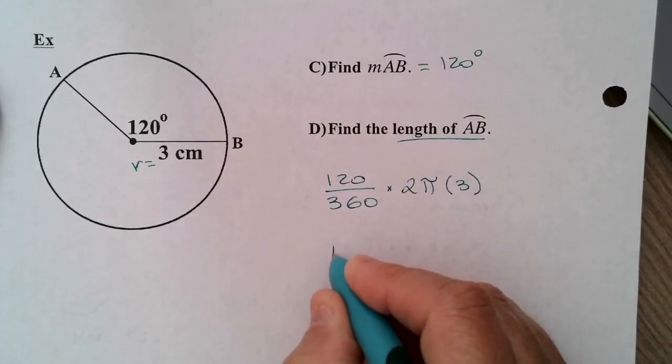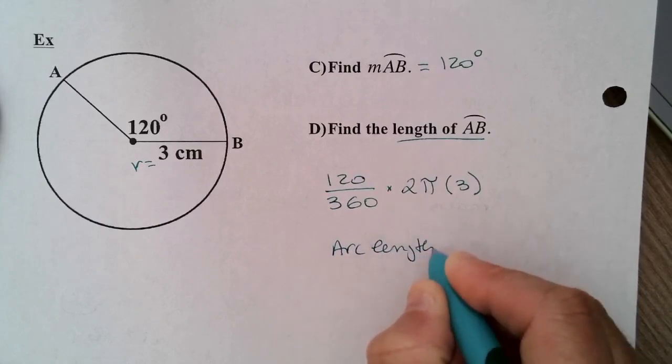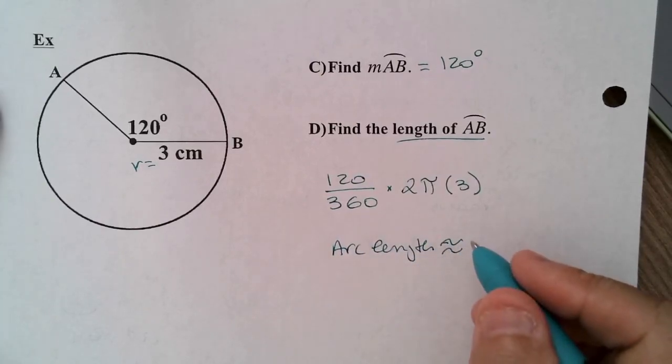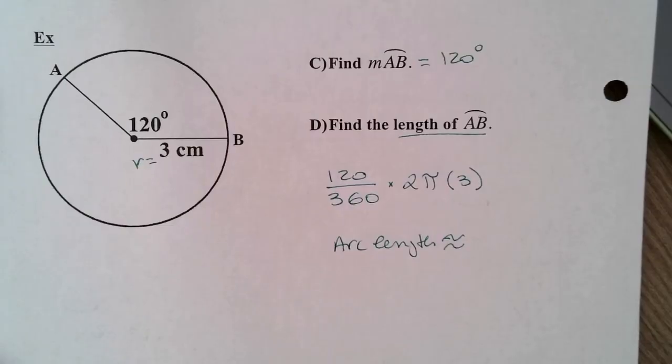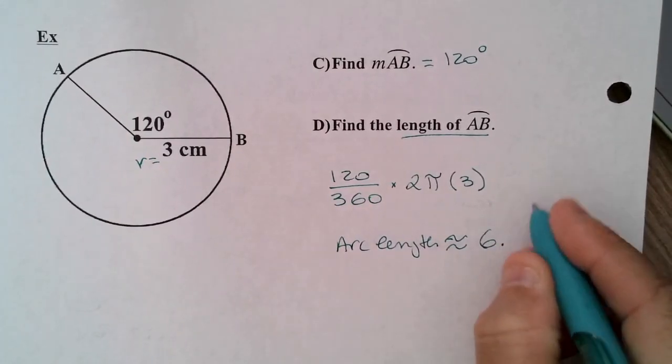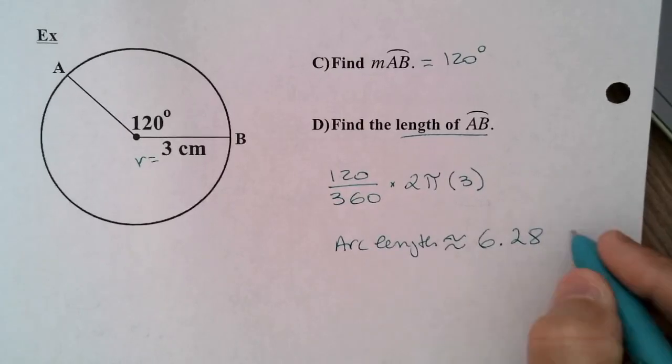So we get here arc length is approximately, let me calculate this real quick. So I got 6.28 centimeters.